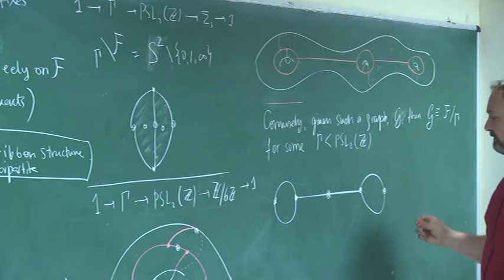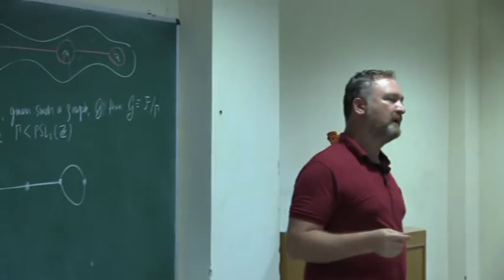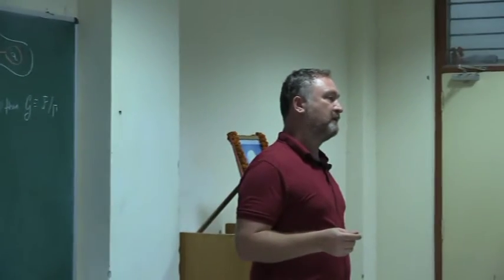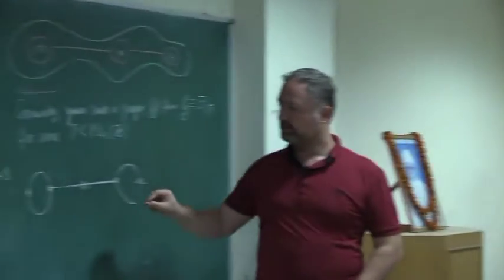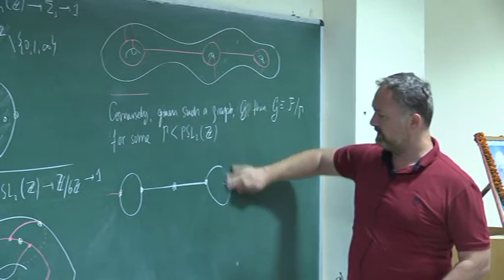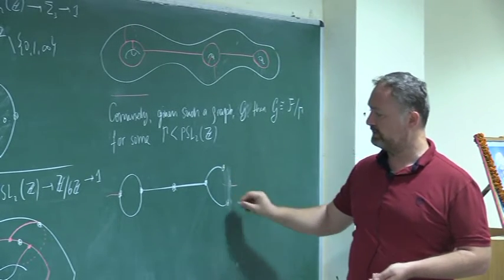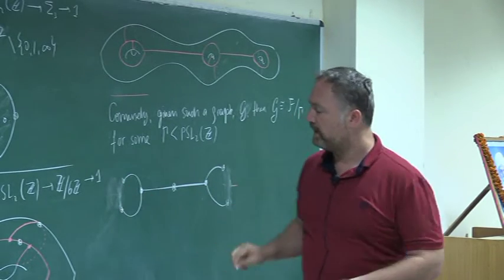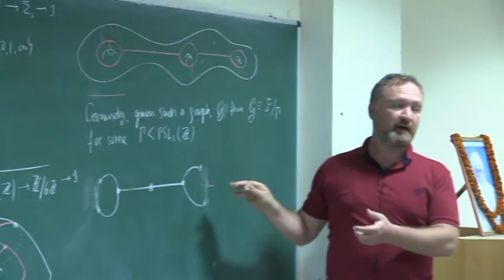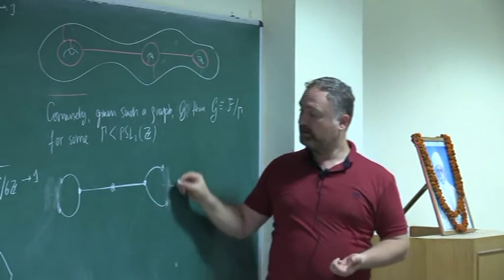If I have such a graph, then it is easy to see that its universal cover is the 3-regular tree. Why? Because to construct the universal cover, I can cut this from here to here, here and here. Then let us open this a little. Then I can take infinitely many copies of the same thing, and I can glue them.